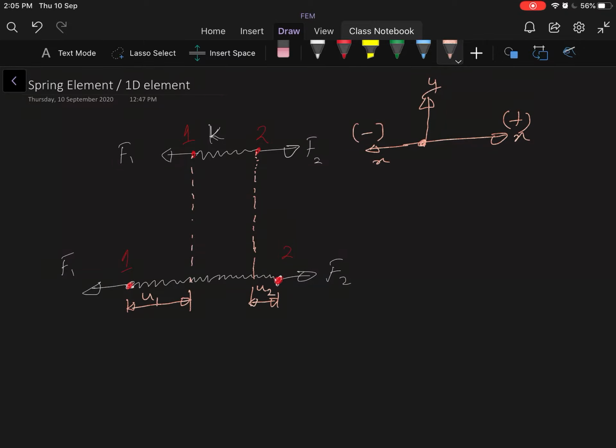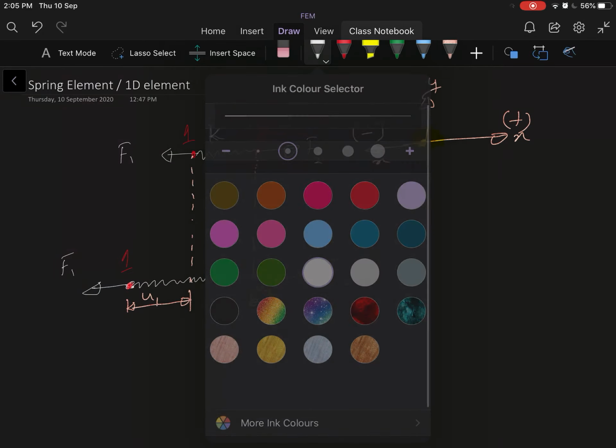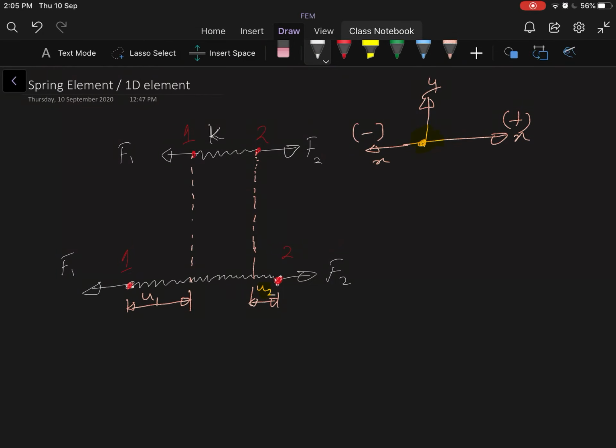So applying the concept of this coordinate system, we would consider this u2 to be positive and this u1 to be negative.